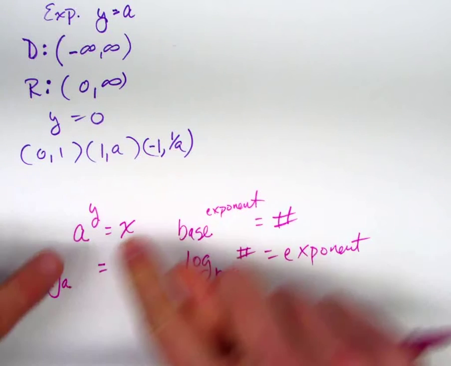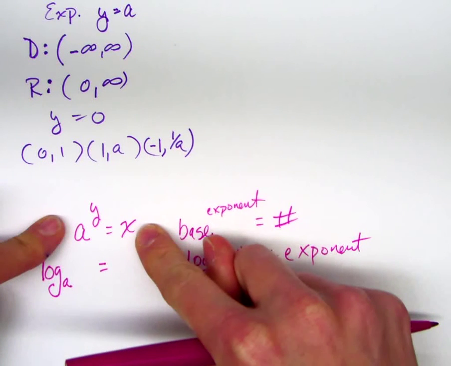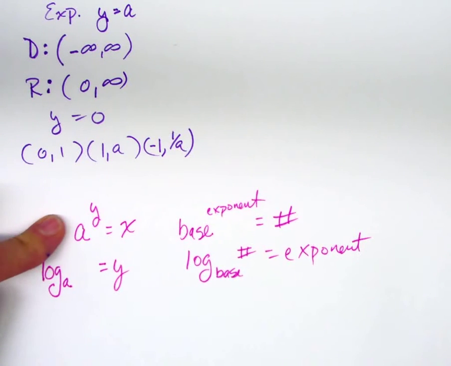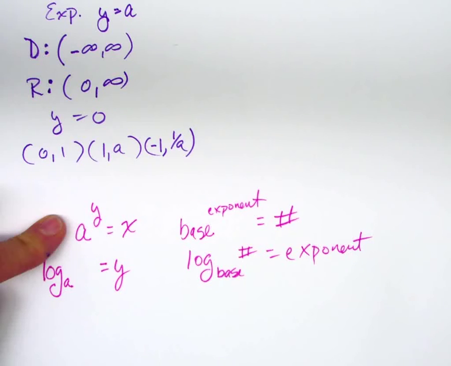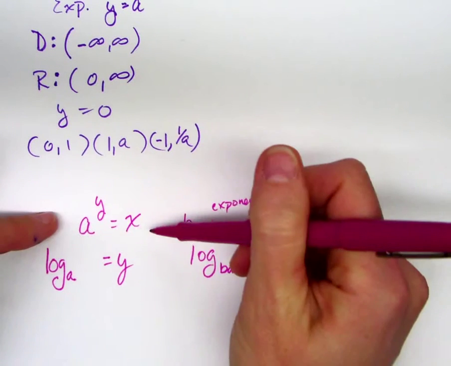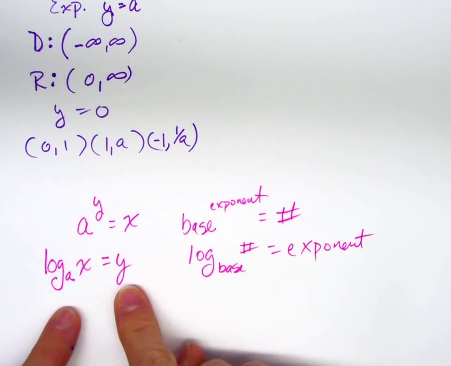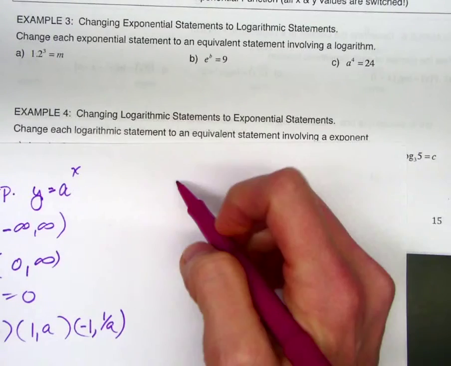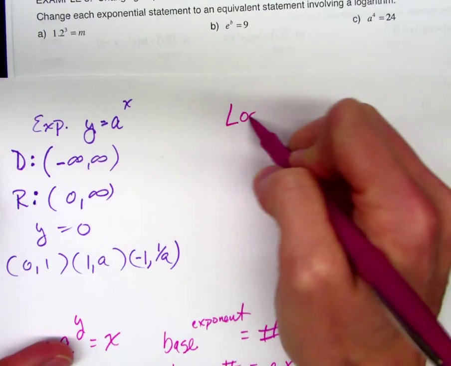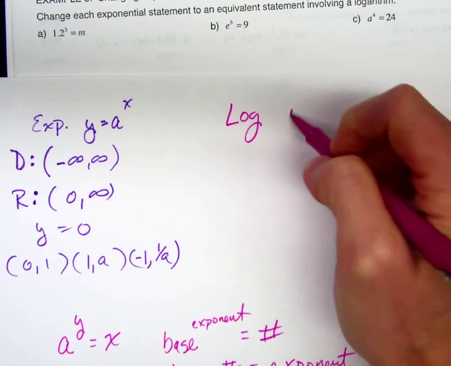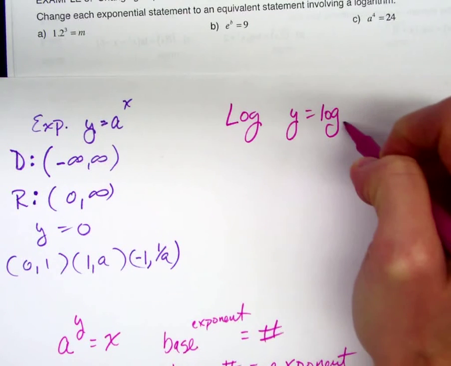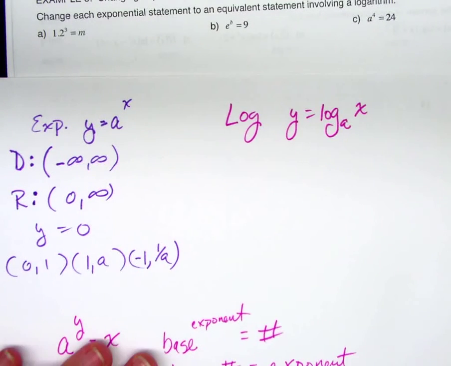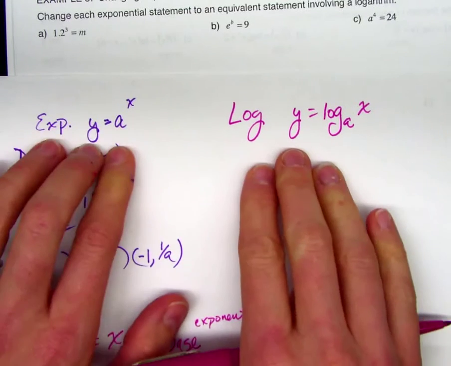What's the exponent for this problem? Y. Logs equal exponents, so the log has to be y. What's the only other number left over here? X. And this is the inverse function. So for my log function, y equals log base a of x, and these are inverse functions of each other.